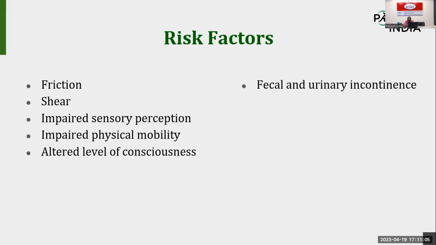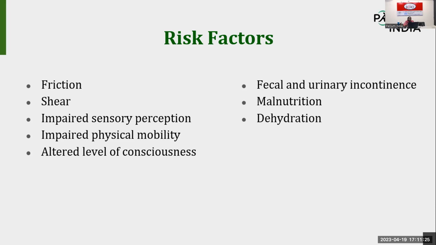And the next one is fecal and urinary incontinence, moisture. If the patient has urinary or fecal incontinence, there is a chance of continuous wetting, so the patient will get pressure ulcer. Then malnutrition and dehydration.